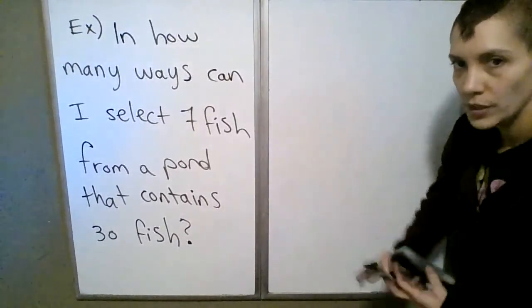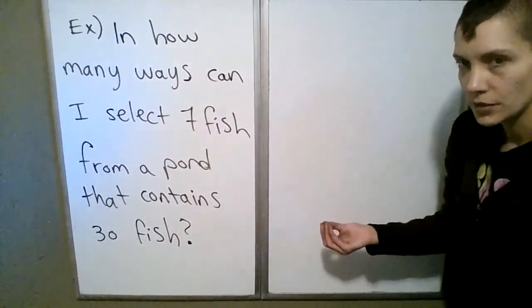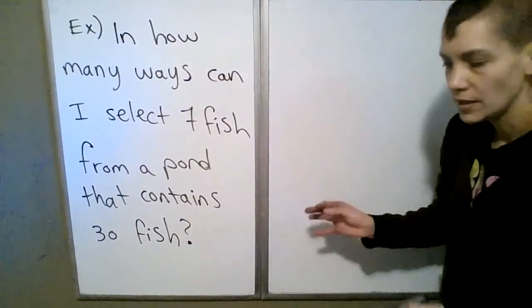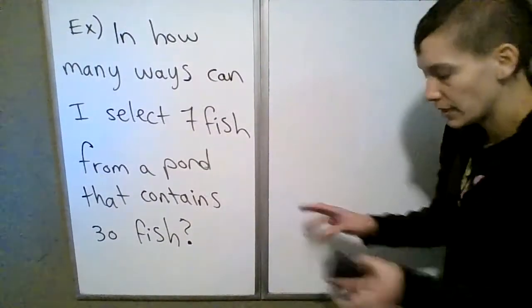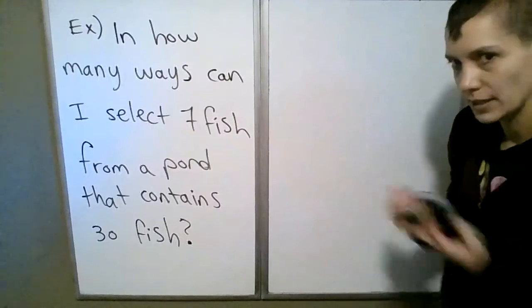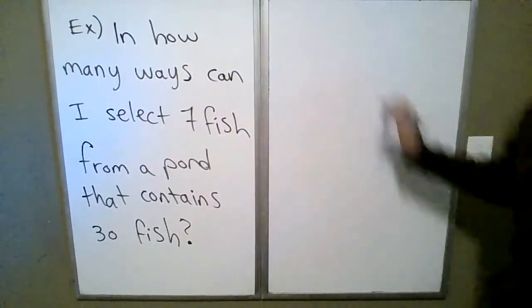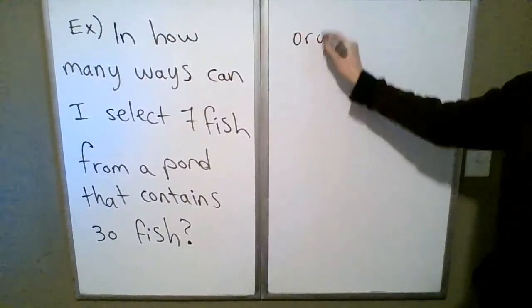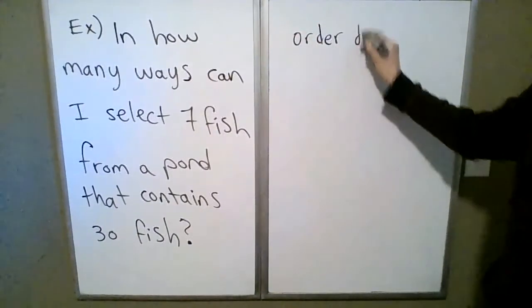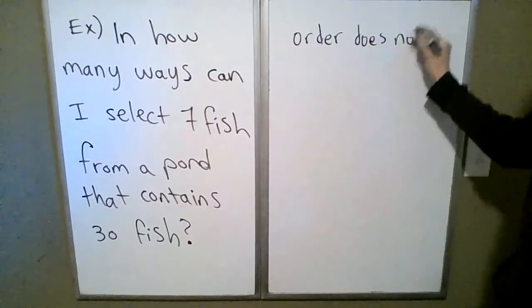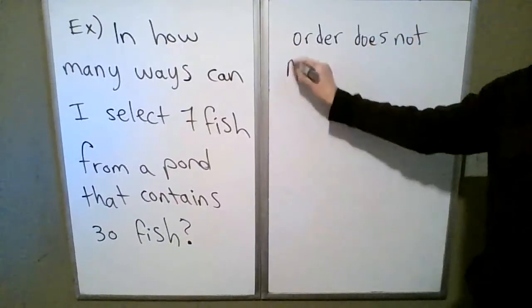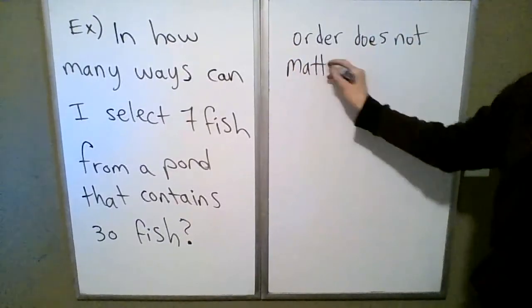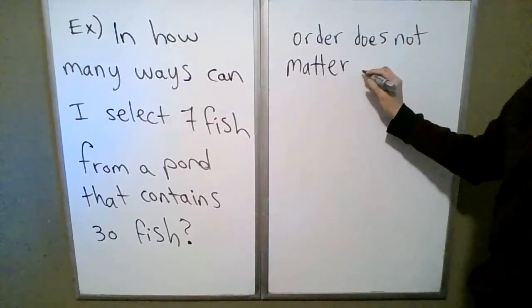So when you make this selection of 7 fish, the order doesn't matter. It doesn't matter in which order you pick them, you just group them together and take them out. So since order doesn't matter, I want to use combinations.